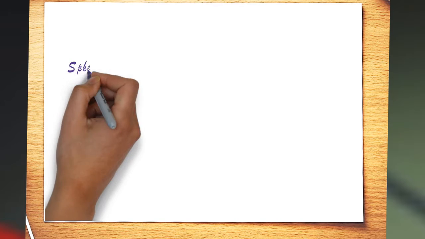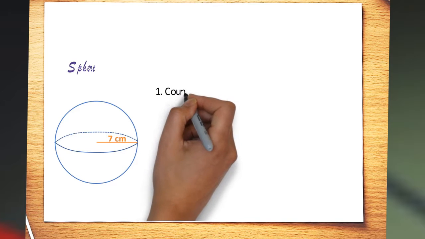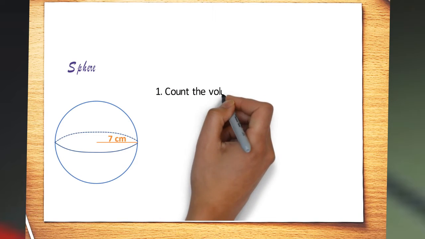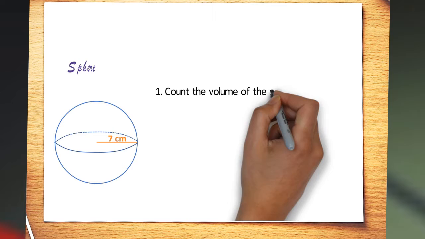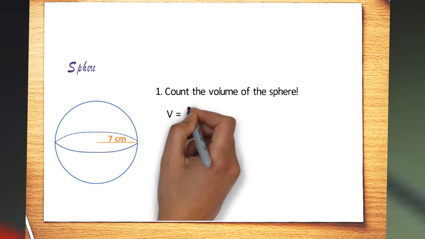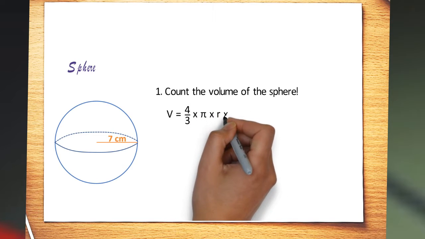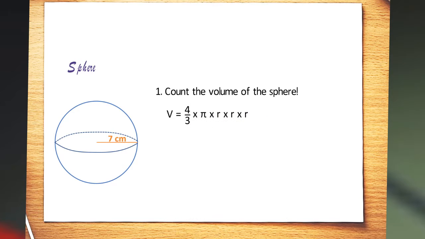Let's learn about the example of a sphere. We have a sphere here, whose radius is equal to 7 centimeters. The question is, count the volume of the sphere. To find the volume of a sphere, we use this equation: 4/3 times pi times r times r times r.